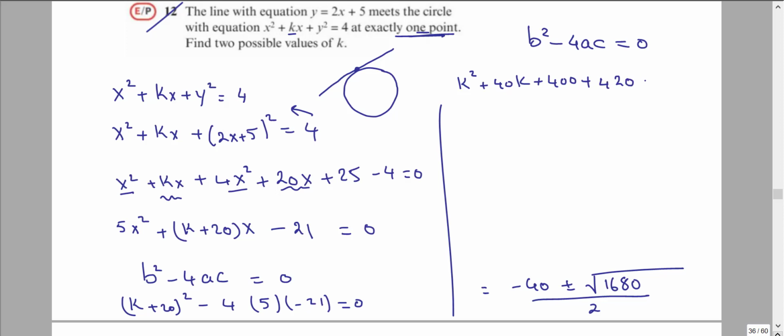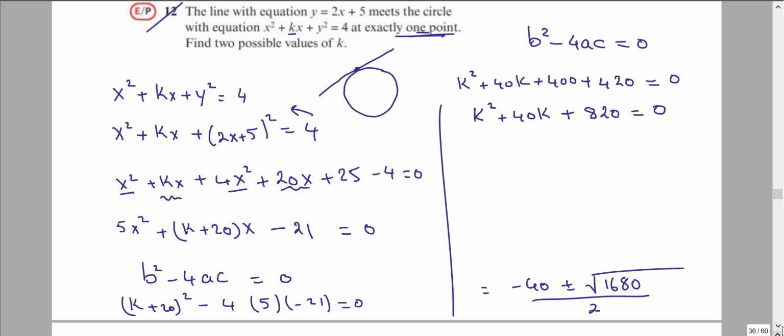Yes. Okay, type 400 and 420. That is 820. Correct?